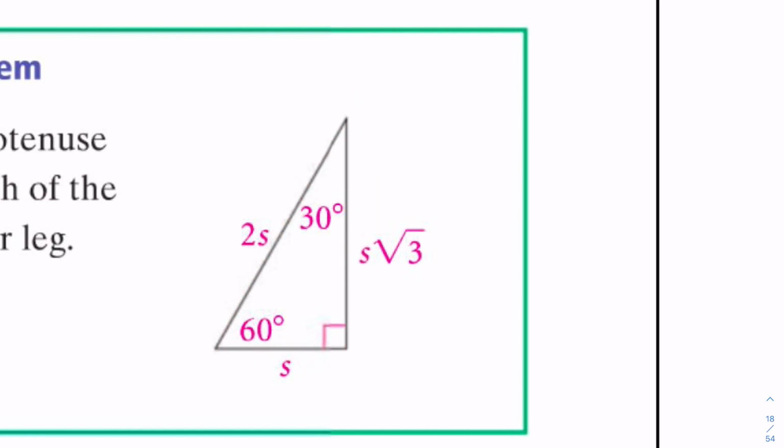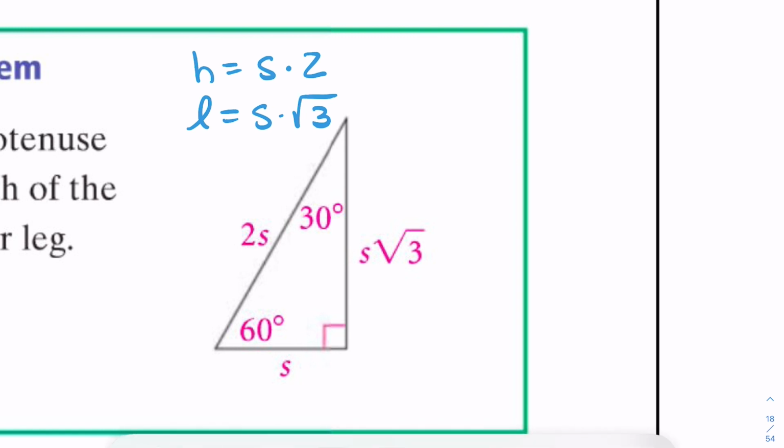So let's call this one H equals short times 2, and L equals short times the square root of 3. This is a ratio that we'll work with. Our long leg is equal to the short leg times the square root of 3, and the hypotenuse is equal to the short leg times 2.